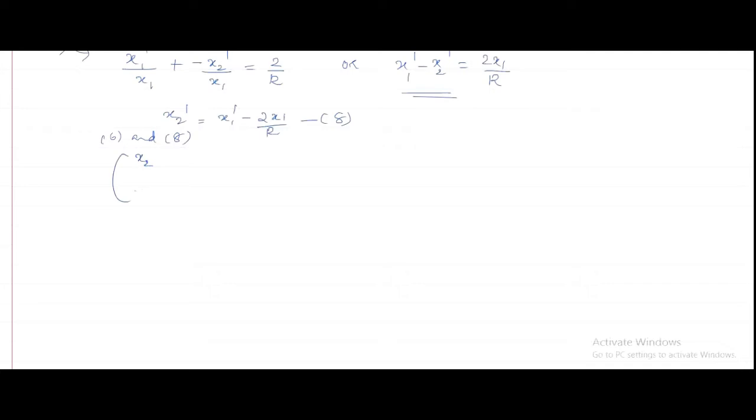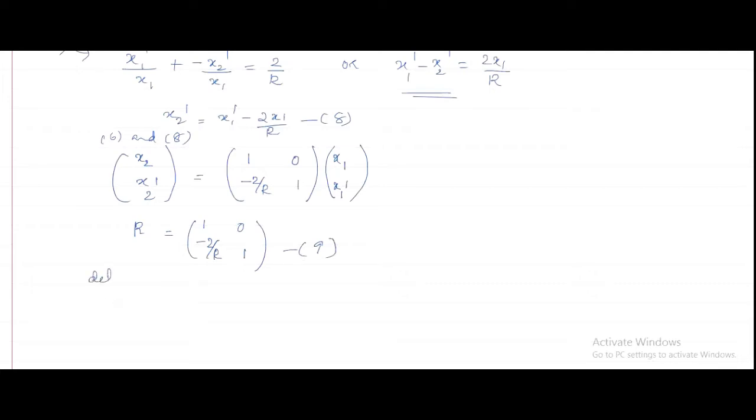That is x2, x2 dash equals |1 0; minus 2 by r 1| into x1, x1 dash. By following matrix multiplication, we get the reflection matrix R equals |1 0; minus 2 by r 1|. Let this be equation number 9.